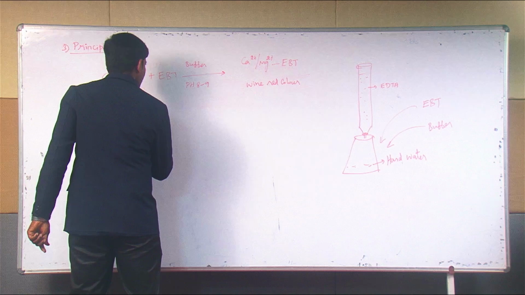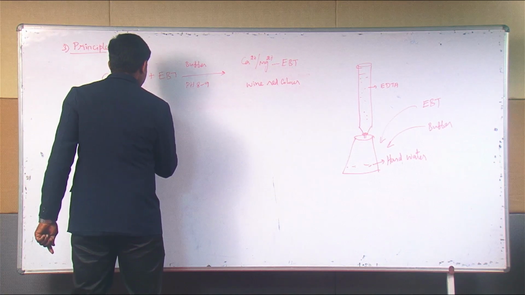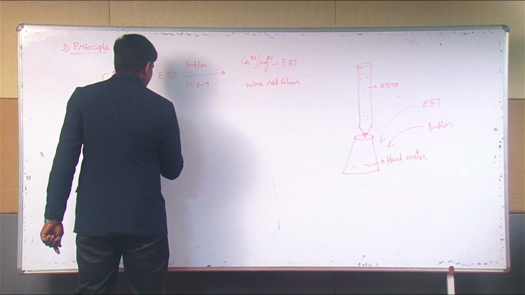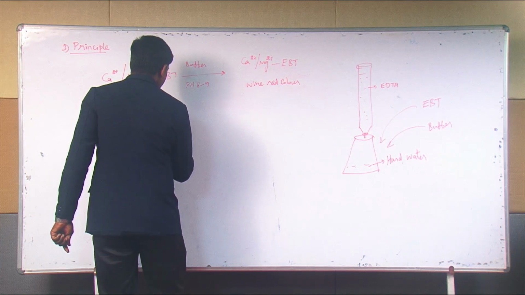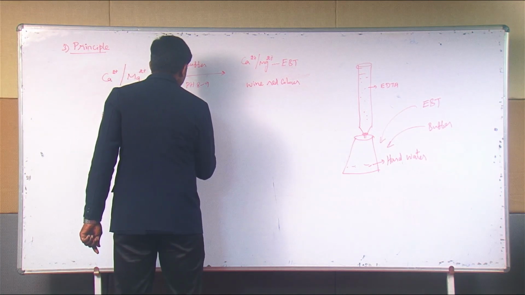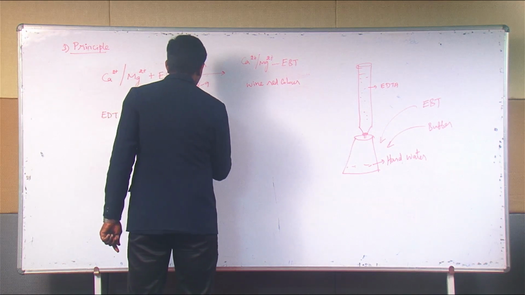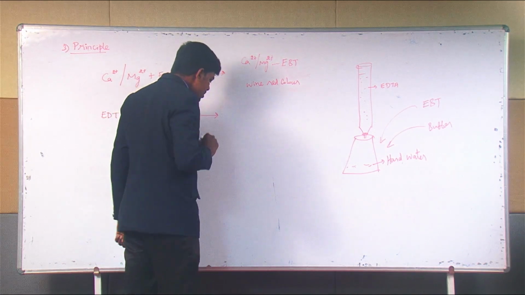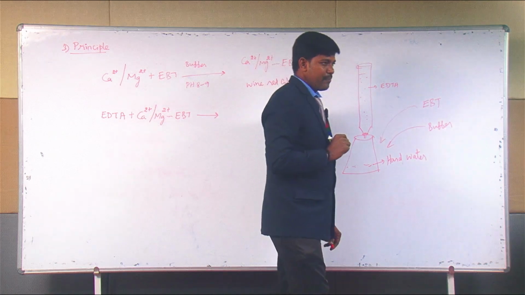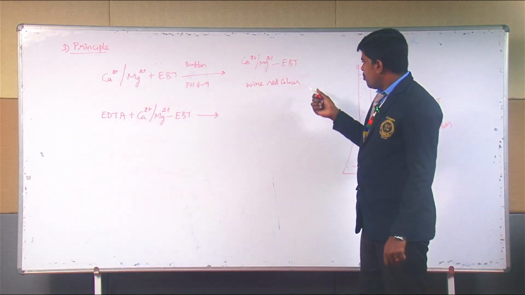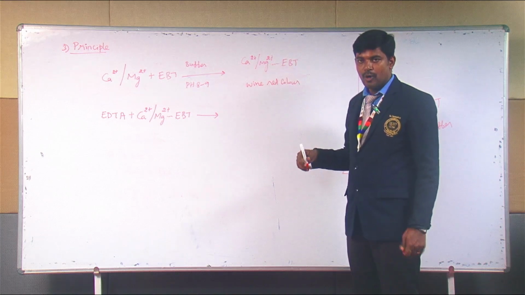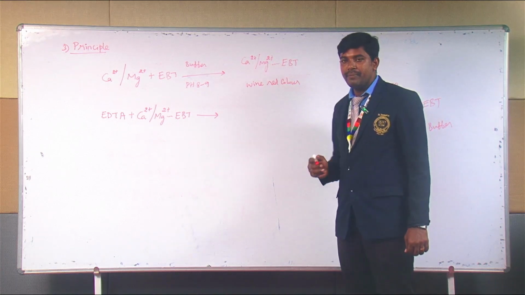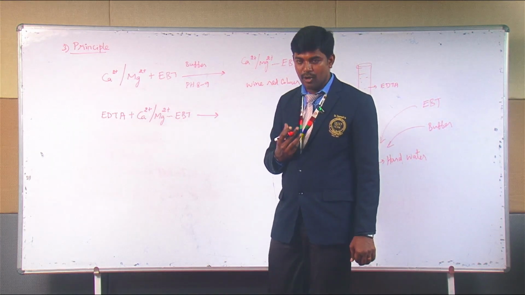So what is formed there is the calcium 2+ or magnesium 2+ EBT complex. Now what will happen during the titration? The bond between calcium and EBT, or magnesium and EBT, is weak; it is an unstable complex.